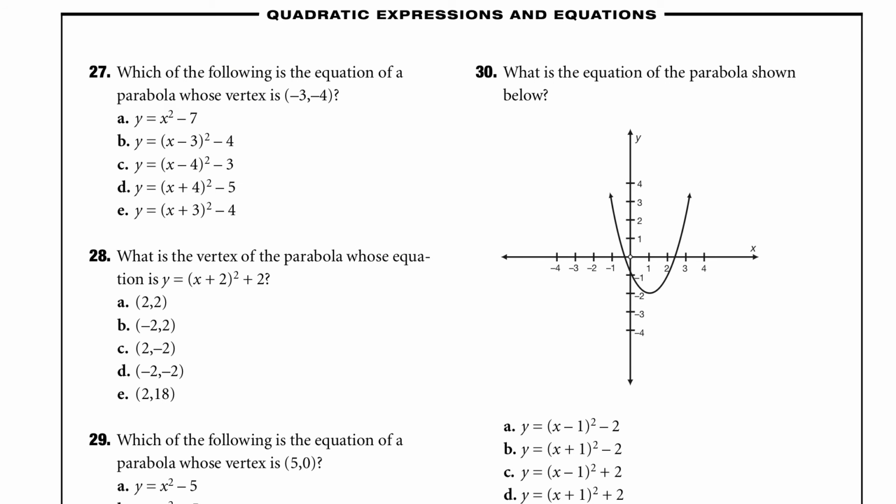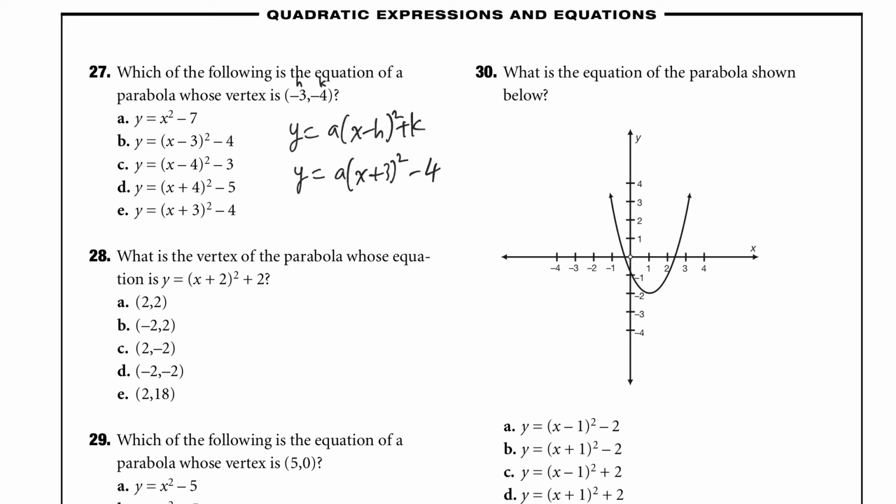Which of the following is the equation of a parabola whose vertex is -3, -4? Again, this is the vertex form, and if we plug it in, this is h, this is k, so plus 3 squared minus 4.